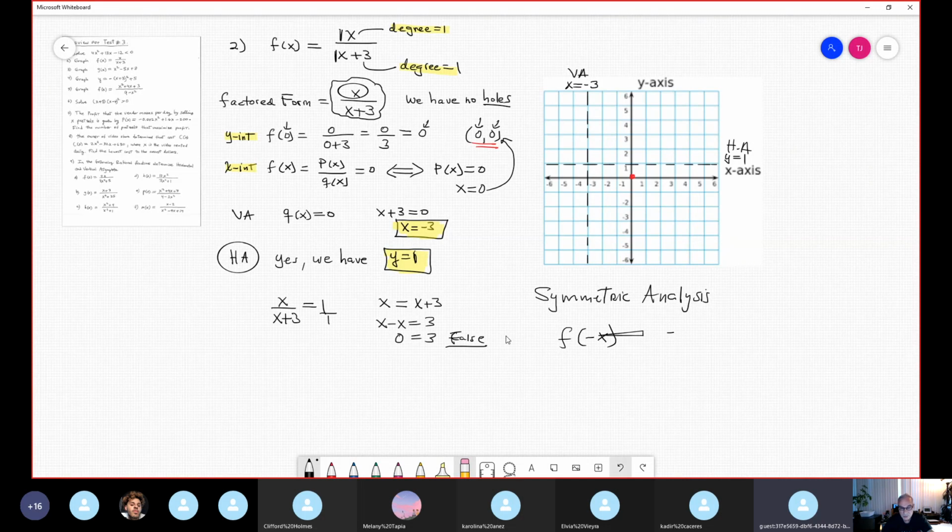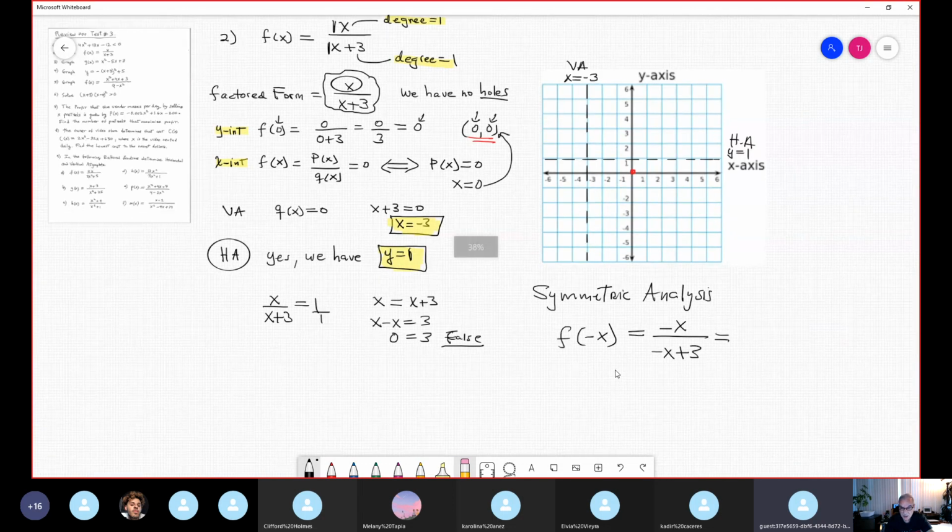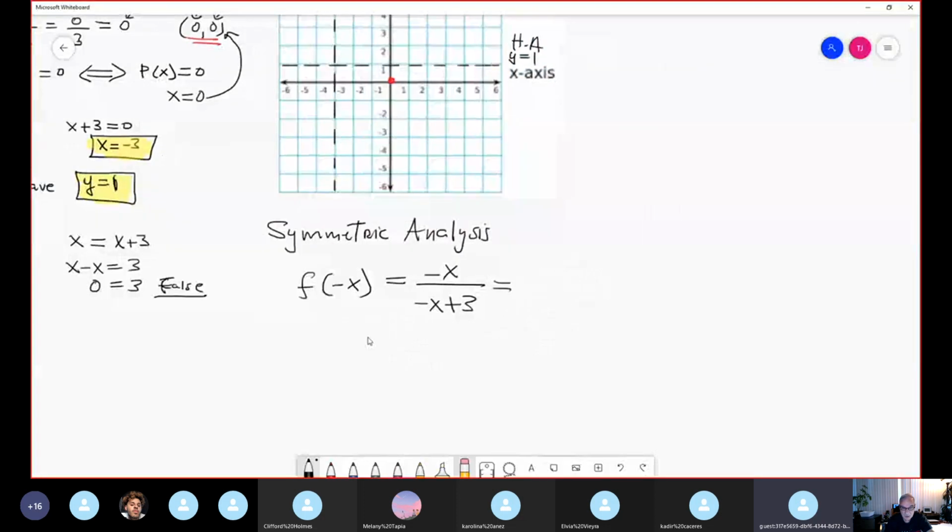For example, you change any x for negative x. I did the reflection. To understand much better, you multiply top and bottom by -1. I know it doesn't affect anything. So x, if you multiply this by -1, I change the sign, and this I change the sign, is x minus 3.